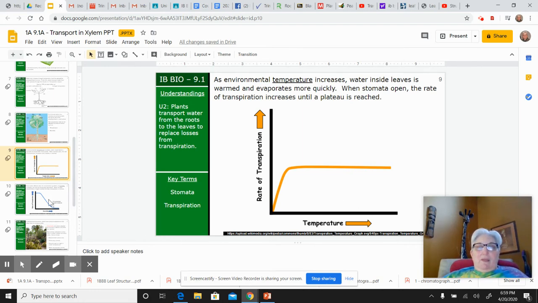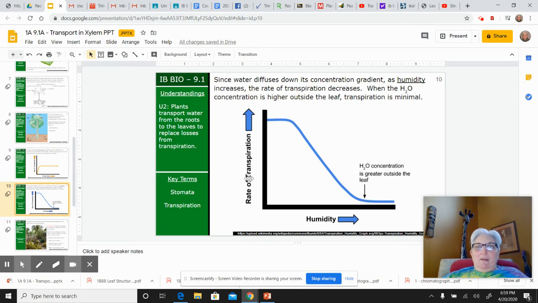Now with humidity, it's just the opposite, right? Here's our rate of transpiration on the y-axis and our humidity levels on the x-axis. So as our humidity goes up, our rate of transpiration is going to come down, right?